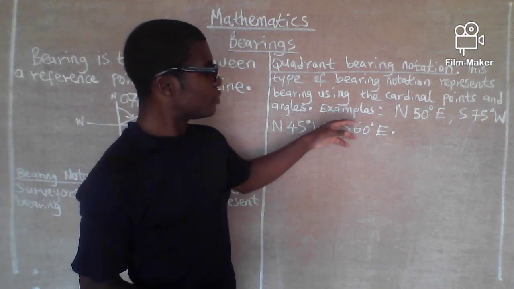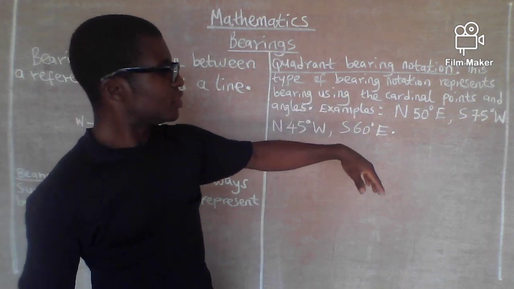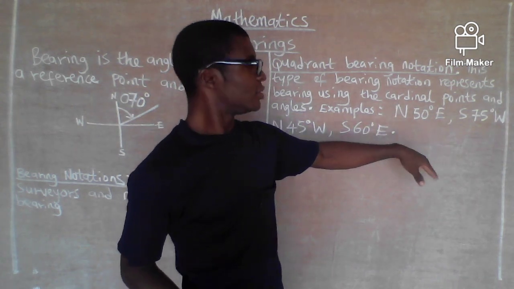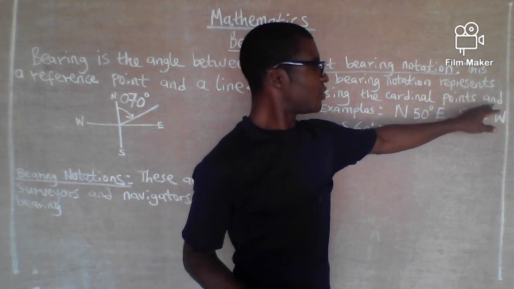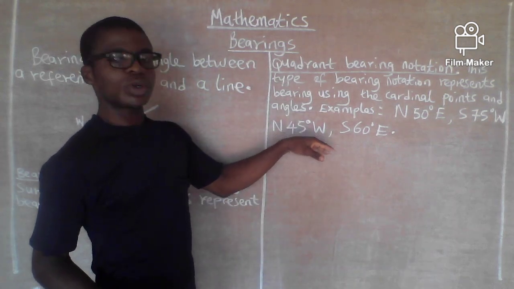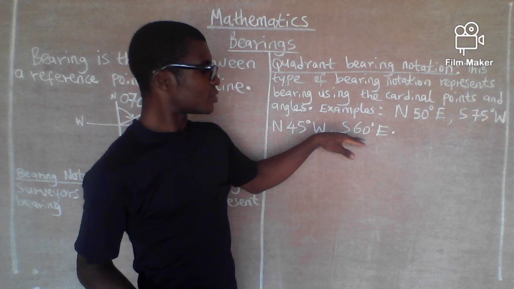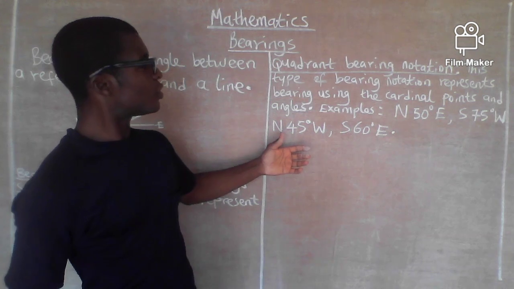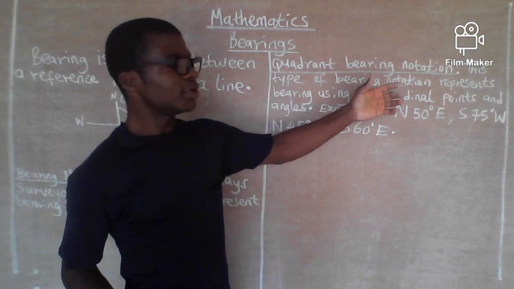Examples of quadrant bearing notation are north 50 degrees east, south 75 degrees west, north 45 degrees west, south 60 degrees east. So these are examples of quadrant bearing notation.